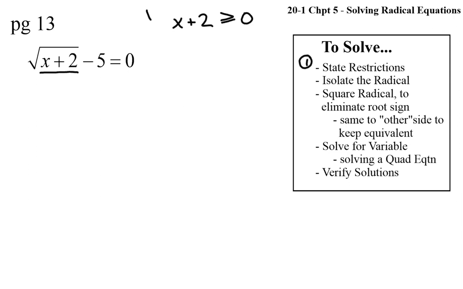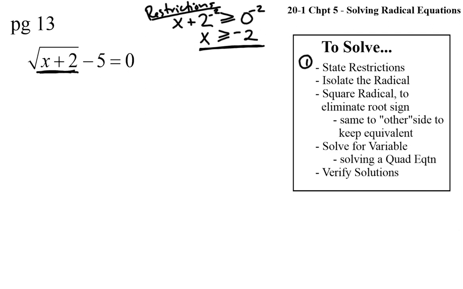So I'm stating the restrictions, identifying what values we could have. Since x plus 2, our radicand, has to be bigger than or equal to 0, if I isolate my x, we know that for this situation, x has to be -2 or bigger.